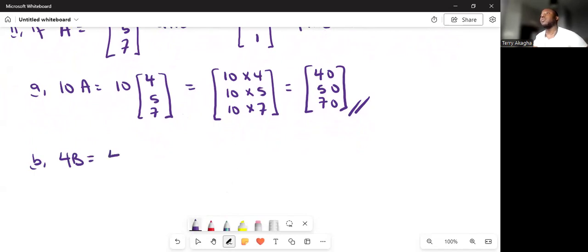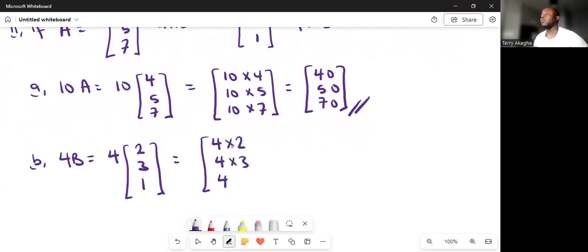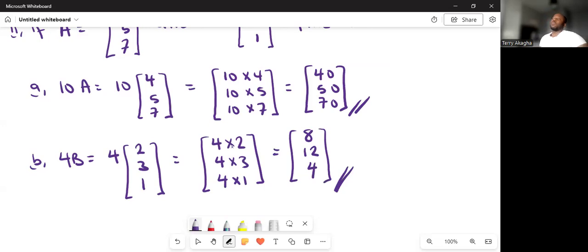And that will give us the same thing: 4 times 2, 4 times 3, and 4 times 1. 4 times 2 will give you 8, 4 times 3 will give you 12, and 4 times 1 will give you 4, and that will be the answer for that. Okay, so that is how you do it. You just basically open the bracket, similar to opening the bracket in scalar multiplication, and that is how you solve more questions.